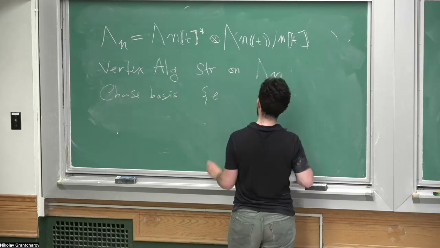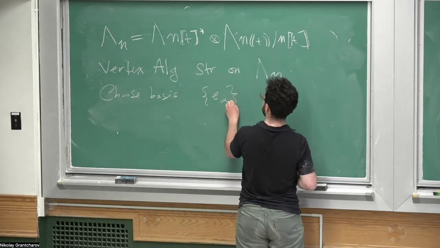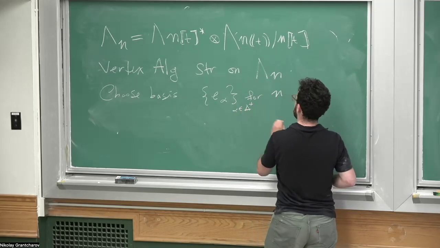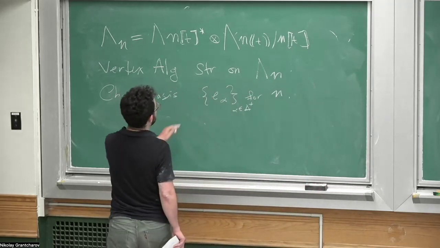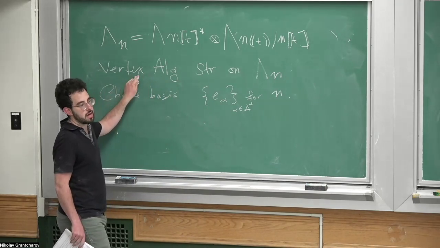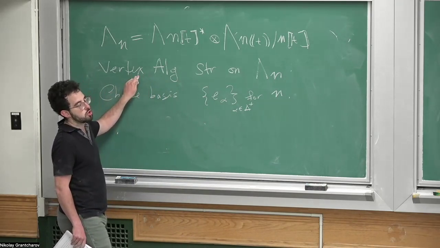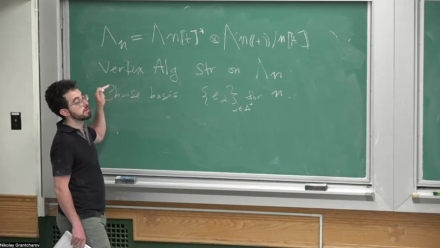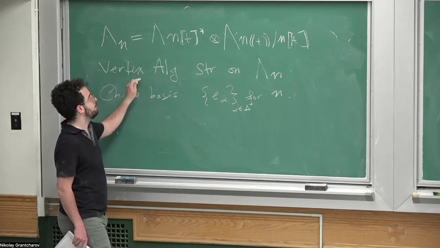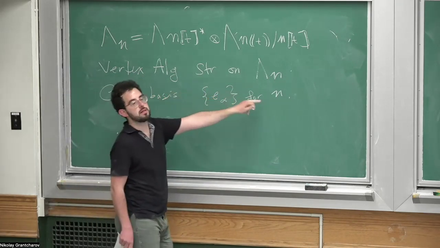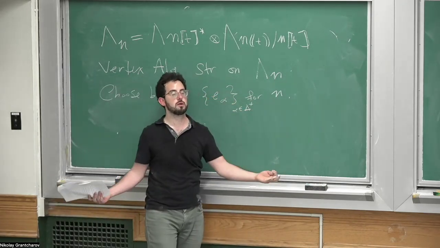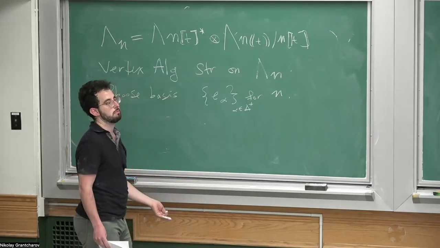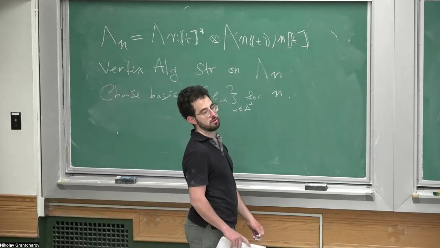So first of all, maybe a reminder: to give a structure of vertex algebra, we need to give a vacuum vector, a translation operator, a grading in our notation, and for each element in our vector space, we need to give a field. And all of those fields are supposed to satisfy a bunch of properties. I guess the most important of them is locality, which means that their commutator is supported on the diagonal.